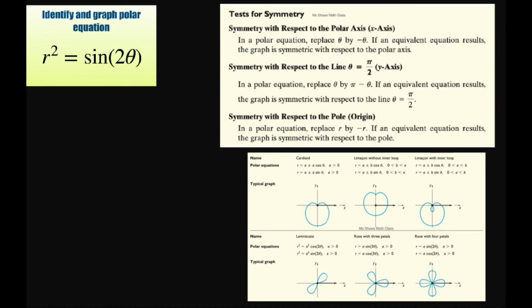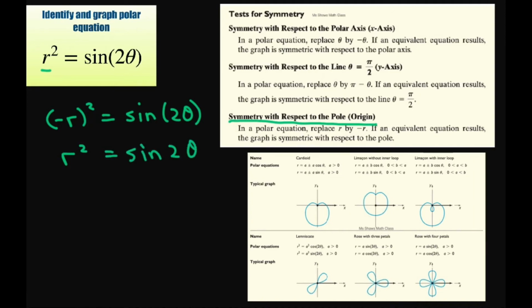Let's check the last test and see if it's symmetric to the pole. That's where we substitute negative r in for r. So we have this, and when you square a negative, you get positive. So this is the only test that passes.